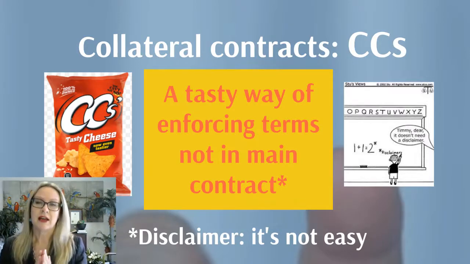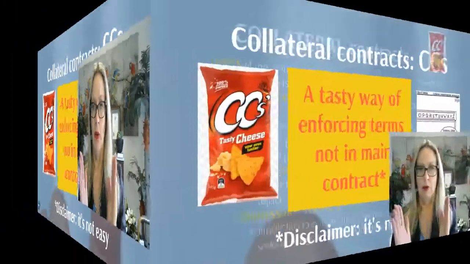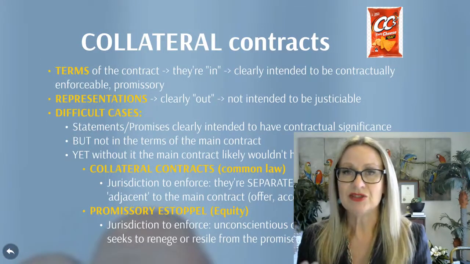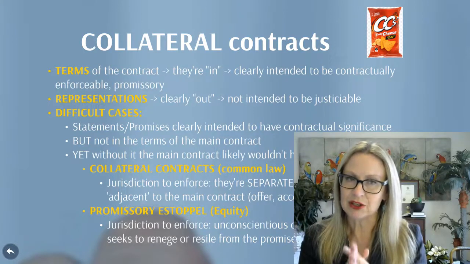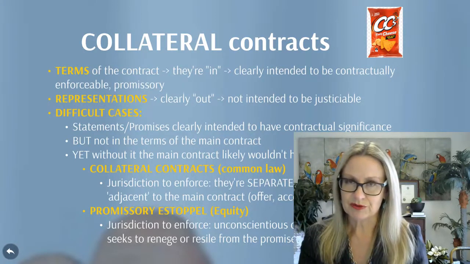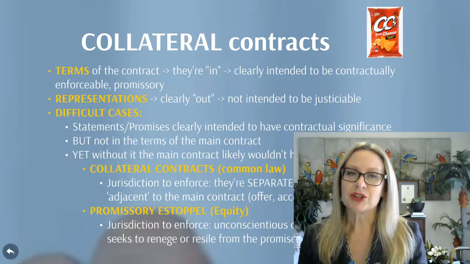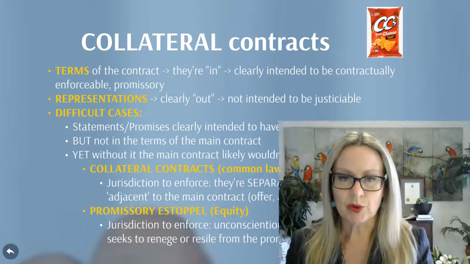Like I just said, the other main way of getting terms in is by incorporation. We'll look at that in the next video. The one other thing I wanted to mention before we get into collateral contracts is that the main alternative to arguing that a term should be enforced as a collateral contract is arguing that a term should be enforced by way of estoppel.